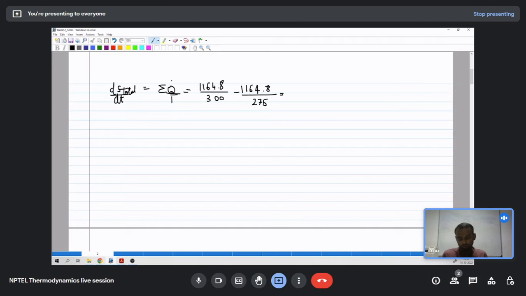This way I can calculate the entropy generation. So here I have 0.353 watt per Kelvin. So the rate of total entropy generation is 0.353 watt per Kelvin.